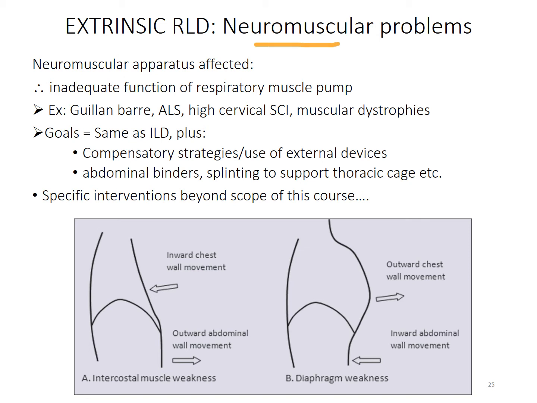So pictured here are breathing patterns that may be seen in the presence of severe neuromuscular disease. For example, on the left, with severe intercostal muscle weakness, you may see inward chest wall movement, and that's because the outward abdominal movement due to the action of the diaphragm actually ends up creating a negative pressure and sucking in the chest wall without those intercostal muscles, your external intercostals, balancing that by also pulling out the chest wall.